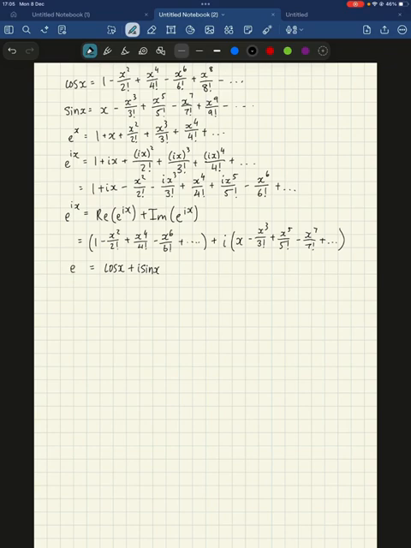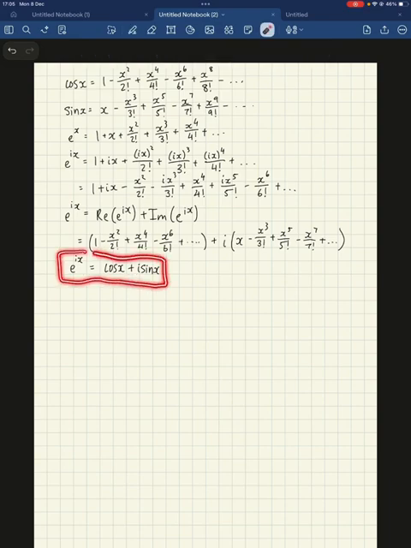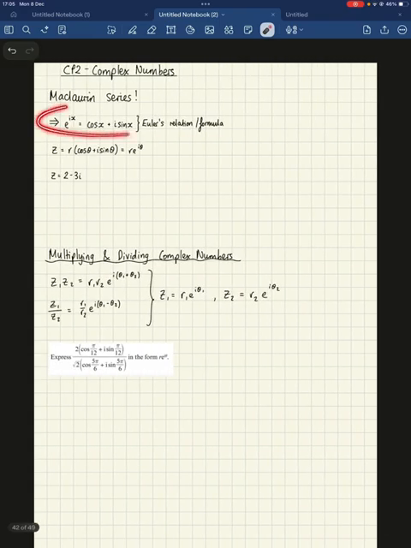And this is all equal to e to the ix. So we have proved Euler's identity, or Euler's formula. e to the ix is equal to cos x plus i sin x. How cool is that? So, this is what we've got over here. e to the ix is equal to cos x plus i sin x, and it's Euler's relation or Euler's formula.